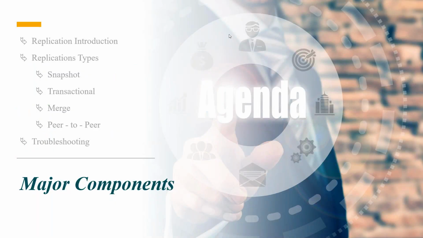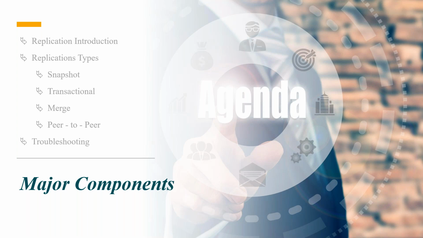Okay. So today we are going to discuss what is replication, how many types of replications there are, and what the prerequisites are. Actually, not just today; most probably the next 4 days we are going to discuss the same concepts. We'll try to configure transactional replication, merge replication, and P2P replication.